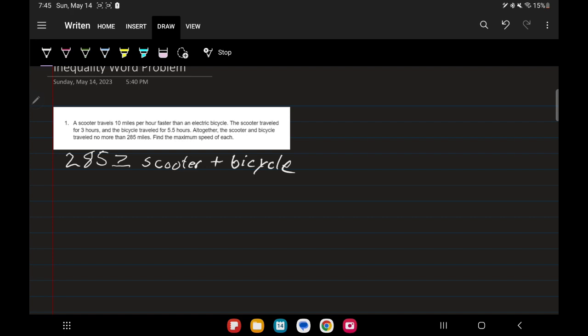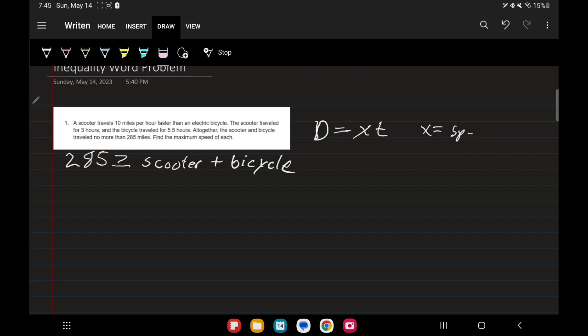To figure out the distance, I'm going to use d for distance, that is equal to our speed, and since we want to find the maximum speed of each, call speed x, and we have to multiply speed by time to get distance, so our distance is equal to x times t. And we're going to call x the speed.